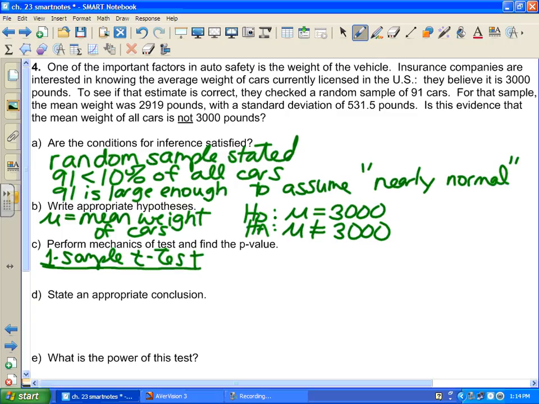You go to test, t-test, go to stats, and it'll ask first for the null hypothesis. 3,000. X bar is the mean, 2919. The standard deviation, and n is 91. Not equal to. So it's really a lot easier if you don't have a list.